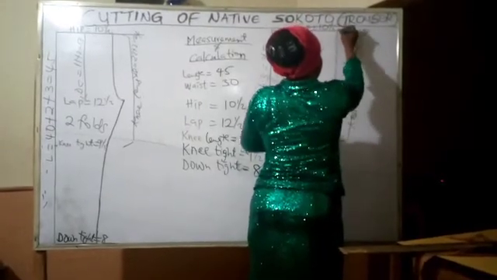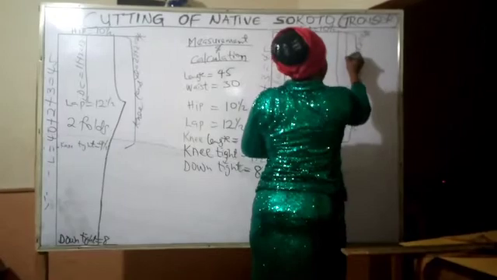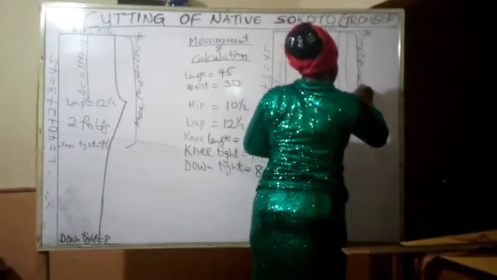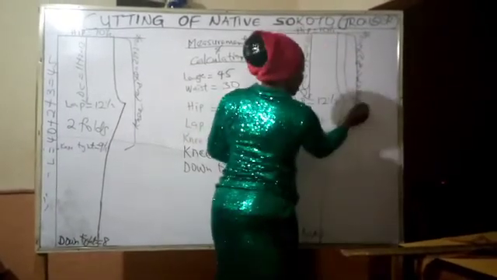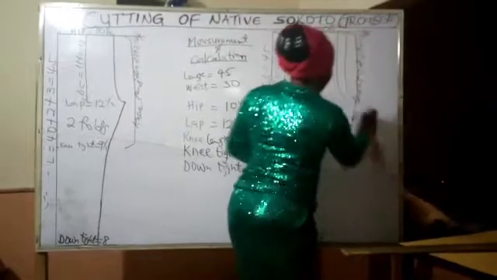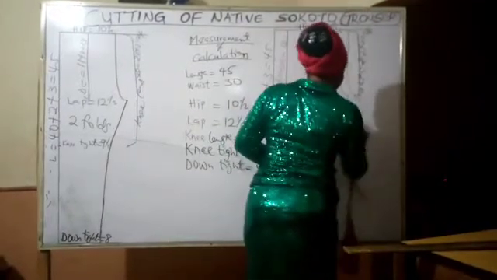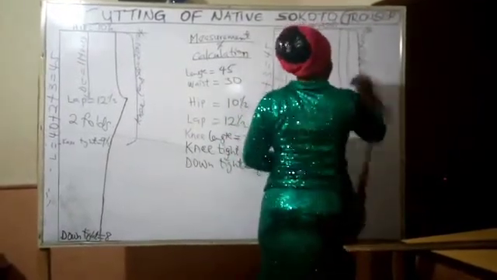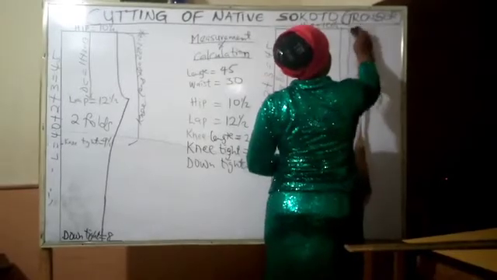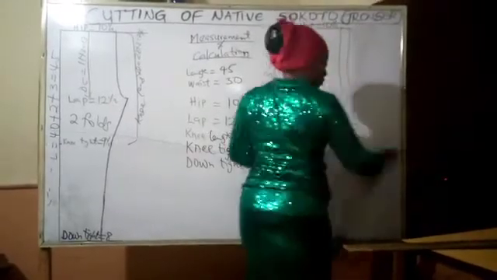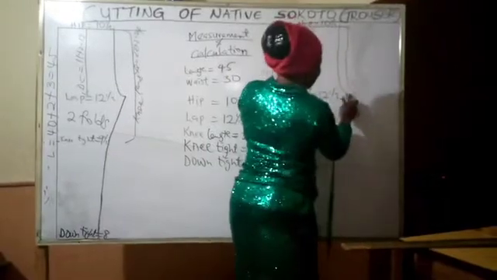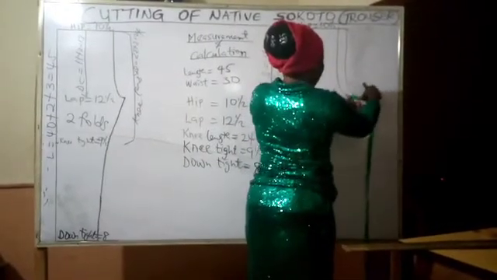Then you will come in from up and extend it to this 2.5 here. Let me clean this so that we'll be able to see what I did there very well. From this place, I added 2.5.